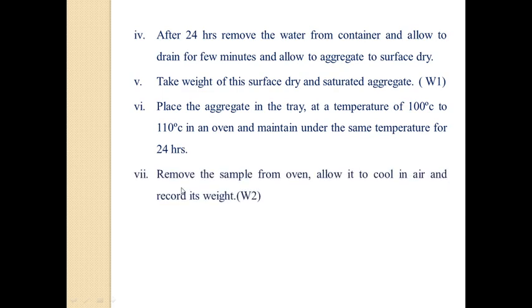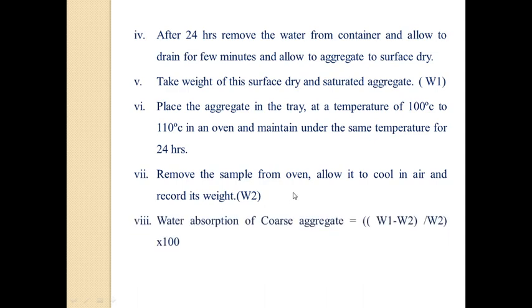After that, remove the sample from the oven, allow it to cool in air, and record its weight, that is W2 in grams. Finally, the water absorption of coarse aggregate is equal to W1 minus W2 upon W2 multiplied by 100. We get the water absorption of coarse aggregate in percentage.